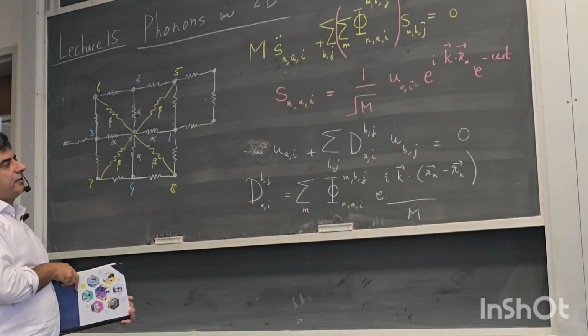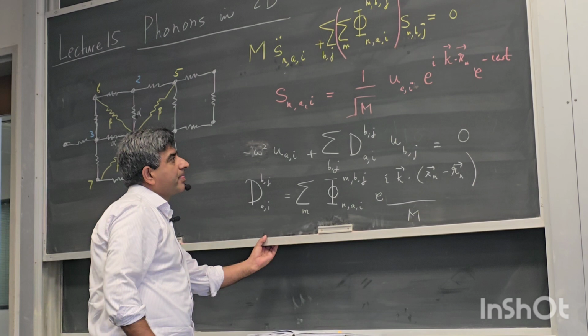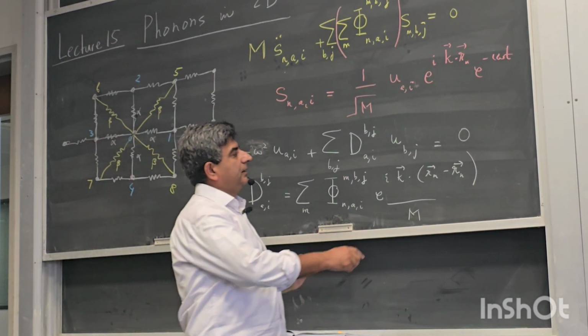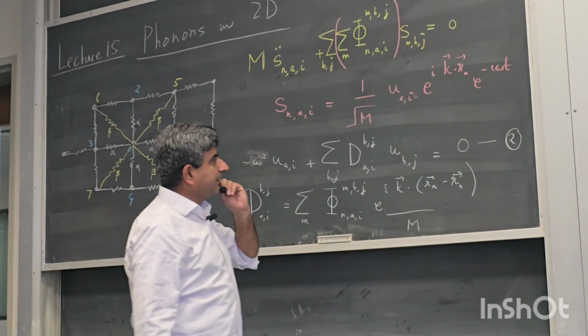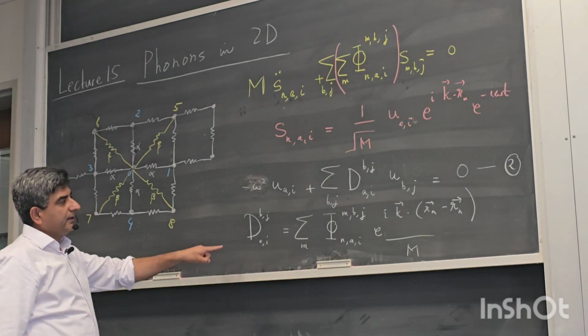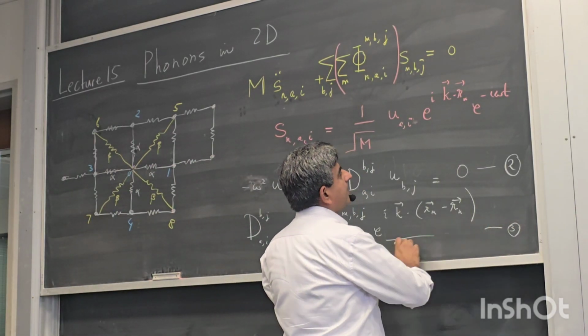So these are three alternative ways of writing the equation of motion. We start off from here, number one, after lumping together these force constants into the dynamical matrix element, and the dynamical matrix elements are defined in this fashion.